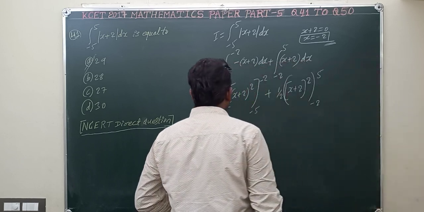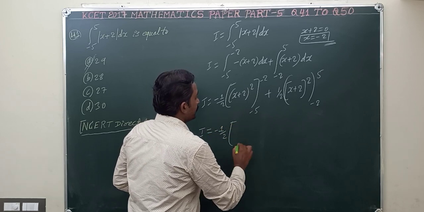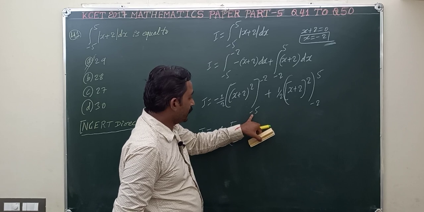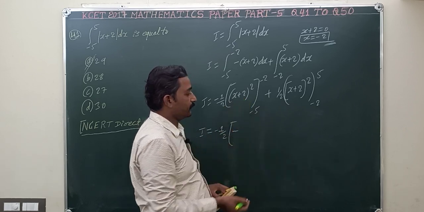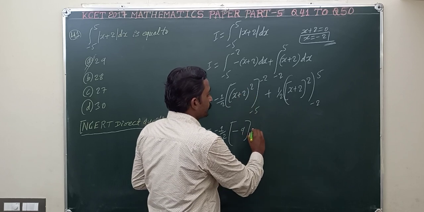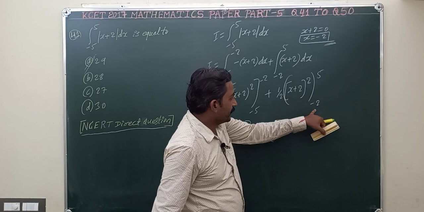So now simplify this. We get minus 1 by 2 as it is. Here apply the upper limit, it becomes 0. Apply the lower limit, minus of minus 5 plus 2, that is 3, minus 3 square, 9, plus 1 by 2. Here apply the lower limit, it becomes 0.